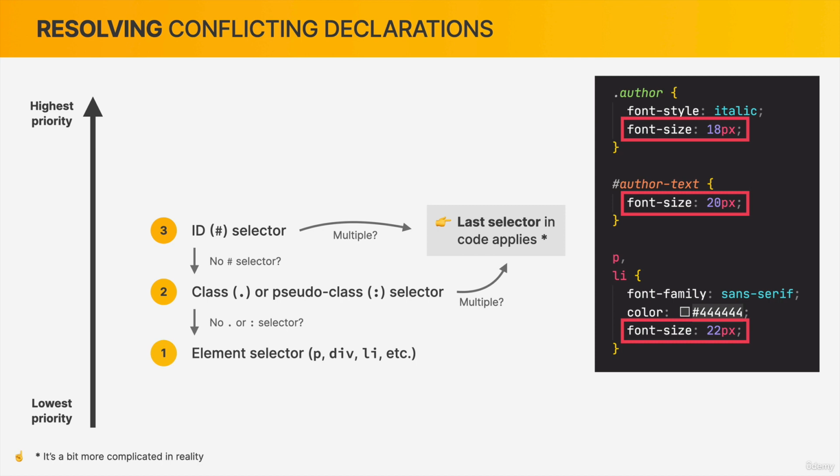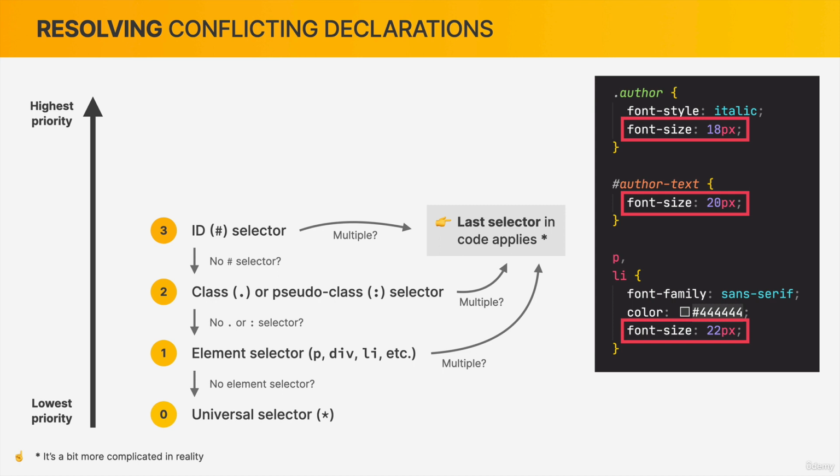So in case there is no ID selector or no class selector, then it is the element selector that gets applied. And again, if there are multiple, it is the last one of those. Finally, there's also something called the universal selector, but a bit more about that in the next lecture.